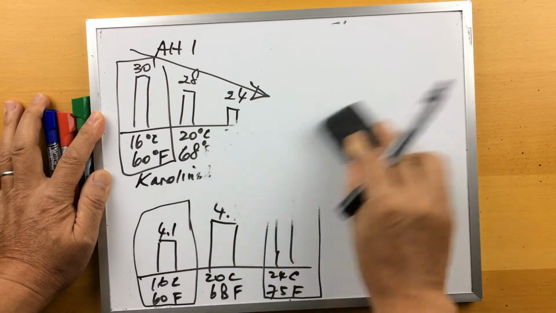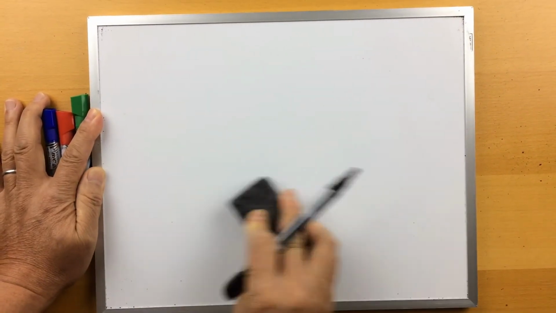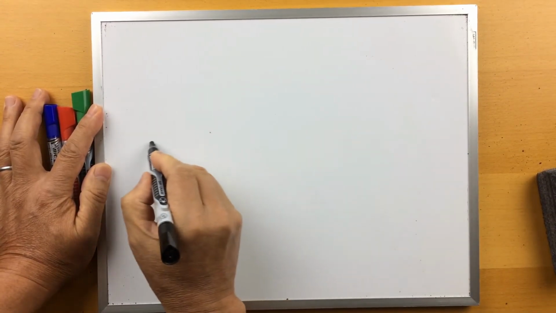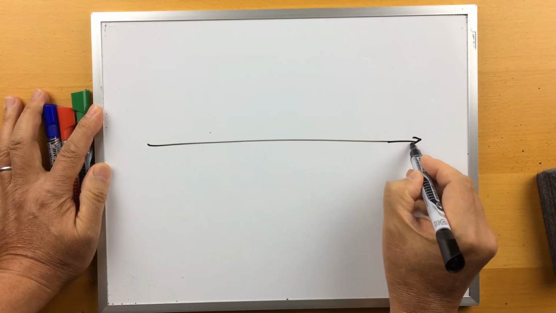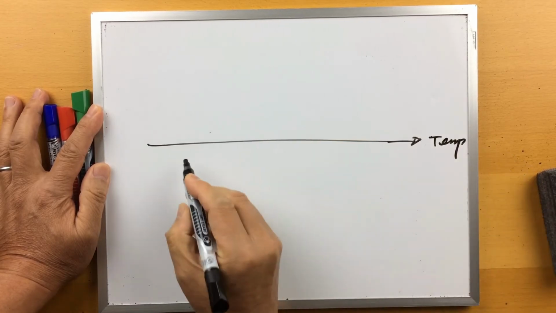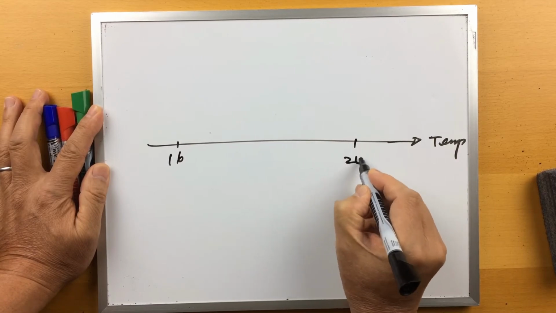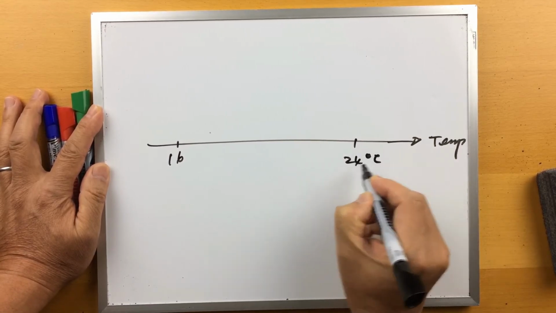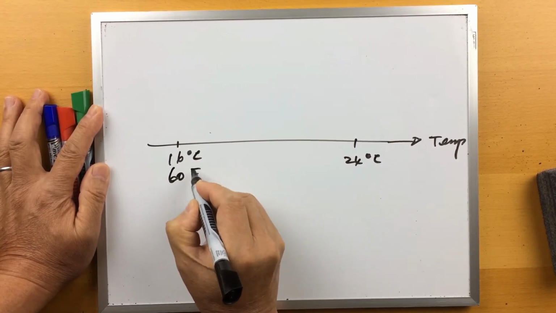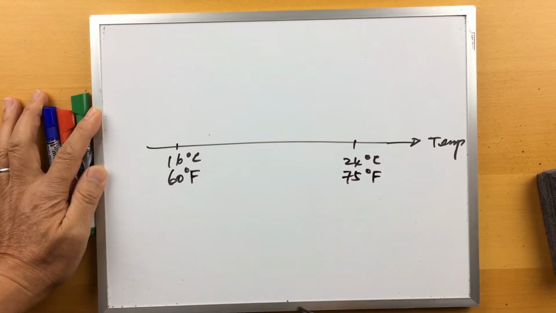Now let's go to the next screen. Let's put them all together. This is a surprising finding. So here again, this is the temperature. Let's say this is the 16, and here's the 24. We only compare these two, 60 Fahrenheit and 75 Fahrenheit.